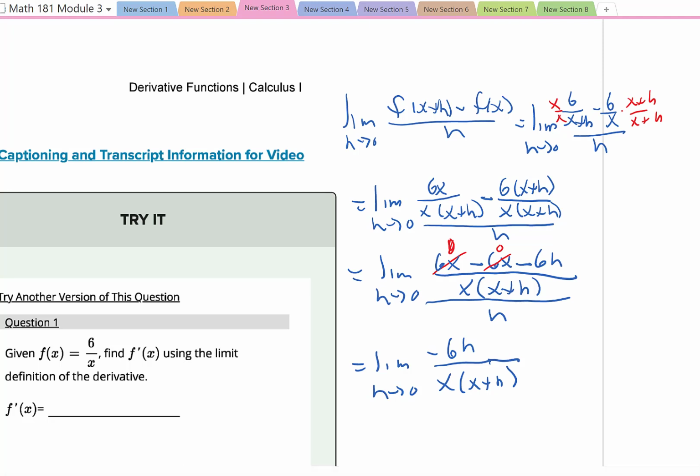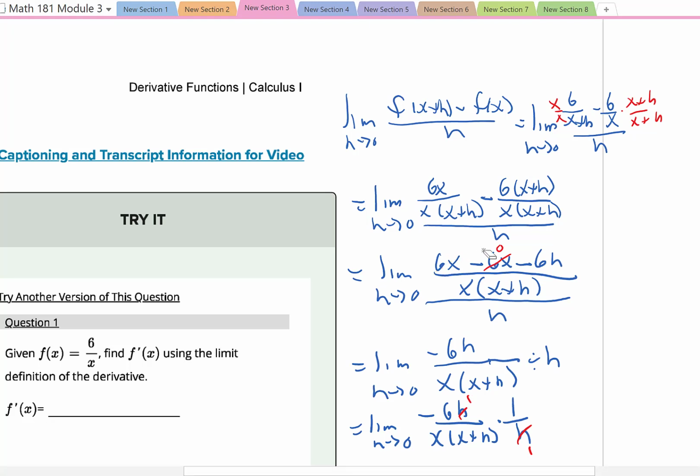Let me write this instead as divided by h, because this becomes the limit as h goes to 0 of negative 6h over x times x plus h, divided by h, and dividing by a number is the same as multiplying by its reciprocal. And now these h's would divide out. There's where I could put my 1's.